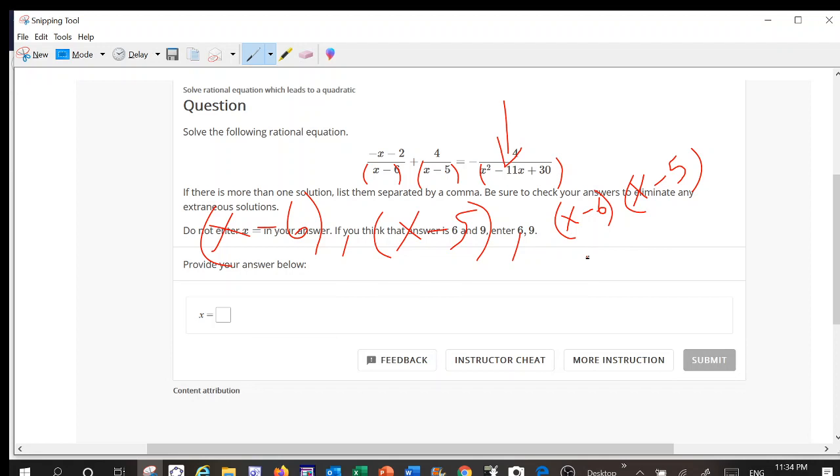Only 2. So the LCD here would be just x minus 6 times x minus 5.